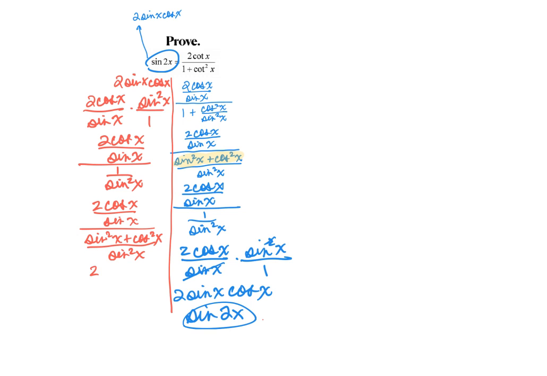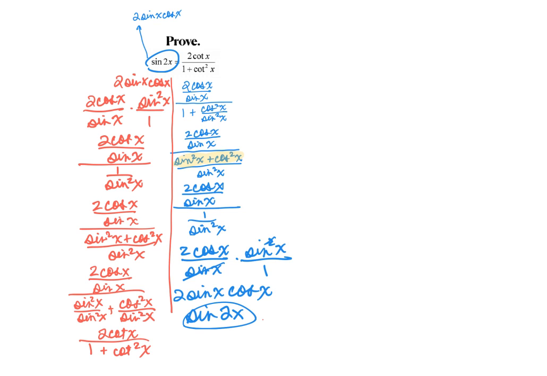Now I have 2 cosine of x over sine of x all over sine squared x over sine squared x plus cosine squared x over sine squared x. Now I can recognize 2 cosine of x over sine of x is 2 cotangent of x, and the bottom would be 1 plus cotangent squared x.